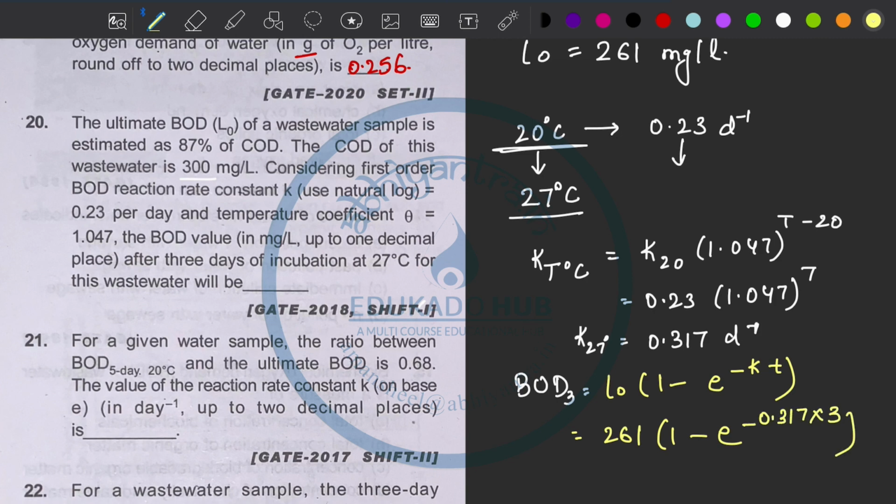So after calculation, the value of BOD3 comes out to be 160.16 milligram per liter. So the answer is 160.16. They want up to 1 decimal place, so 160.2 milligram per liter is the answer.